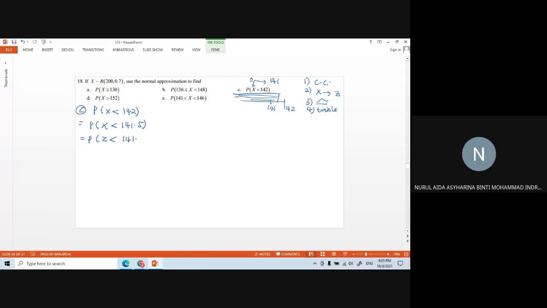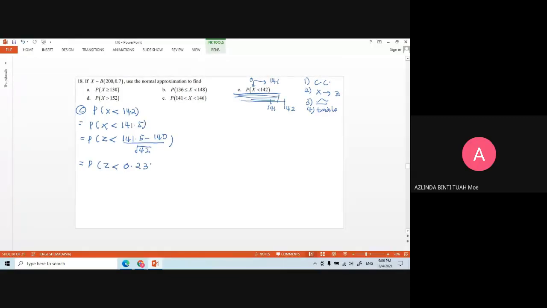P Z, 141.5 tolak 140 bahagi square root 42. Okay, what is the value? 0.23. Okay.